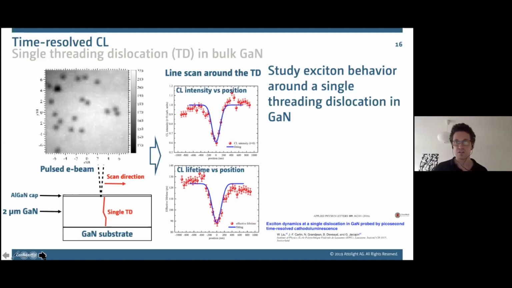It's not inferred, it's really measured because you have a very small spot size, so you can see these dislocations using cathodoluminescence spectroscopy, and using time resolved, you can have an accurate vision of what's going on.